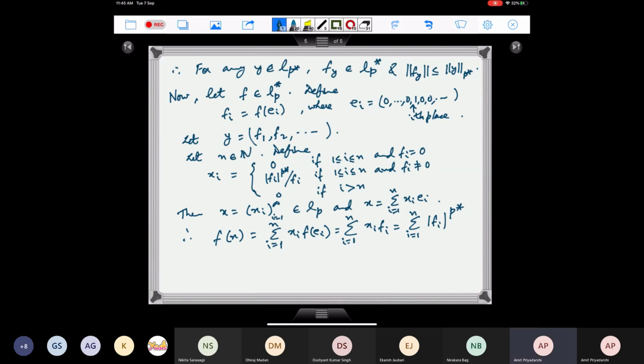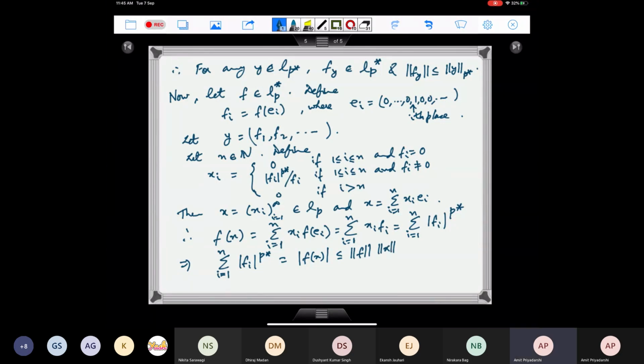So this implies summation of mod fi to the p star. Here sum is only from 1 to n. This is equal to mod of f of x, which is less than or equal to norm f times norm x.